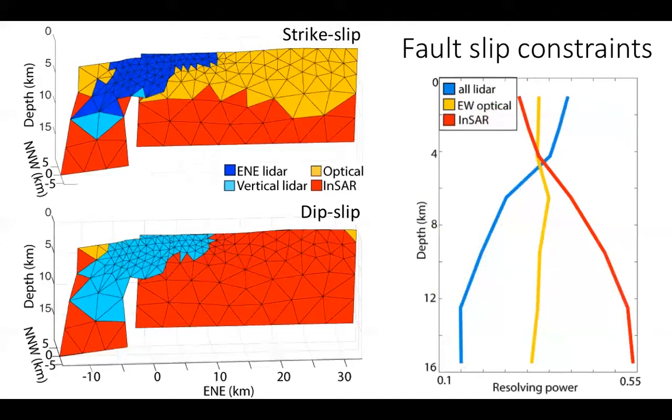We can summarize this information here in this depth versus resolving power of the three data sets. We see that Lidar exerts strongest influence at the surface, with decreasing influence at depth. In contrast, the opposite pattern with INSAR, we have lowest influence at the surface and larger influence at depth. With this crossover point here between the Lidar and INSAR at about 5 kilometers depth.